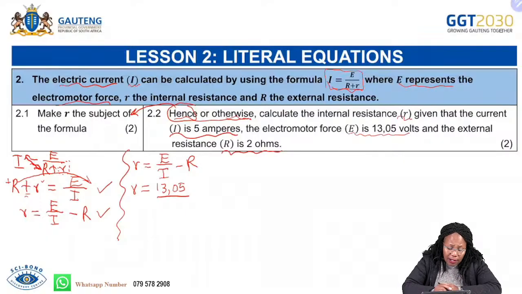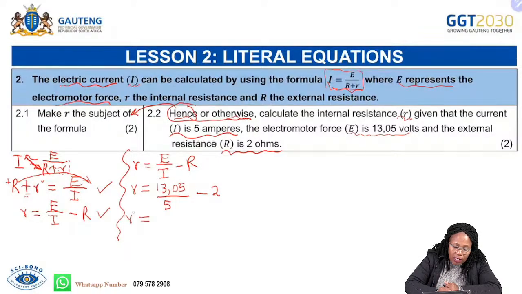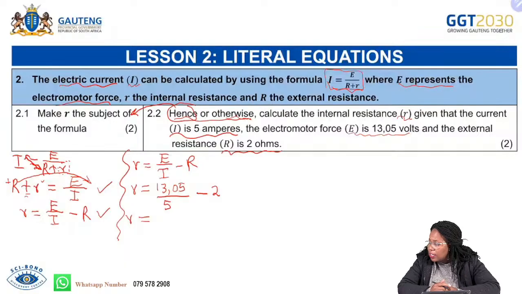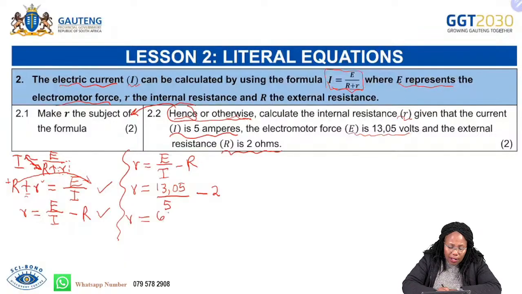What is our current? 5 amperes. And then minus the external resistance, of which is 2. And then into your calculator, grade 12, straight to the answer. This is giving us 61 over 100 ohms. Or you can write this in decimal as 0.61 ohms. It's also okay.